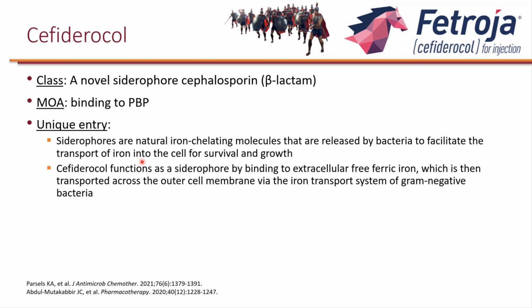So, bacteria do need iron to go into their cell. And what cefiderocol does is that it hijacks, so it's kind of like a Trojan horse, and it hijacks the system to get entry across the outer membrane so that it can bind to penicillin binding protein.